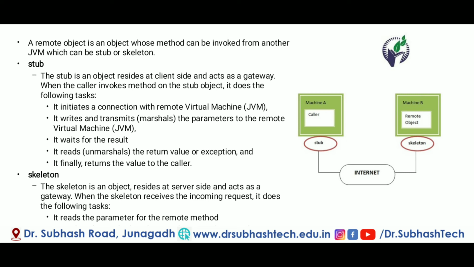So all of this is done by the stub and skeleton objects. This is the basic process when you work with RMI, or with stub and skeleton objects. In the stub and skeleton objects there is the remote network, or we can say the distributed network, through which the data is passed, or the parameters of the method are passed from one machine to another machine. This is the basic thing done by RMI.